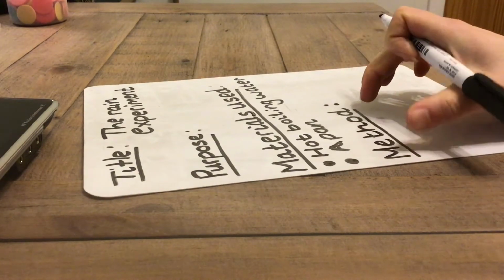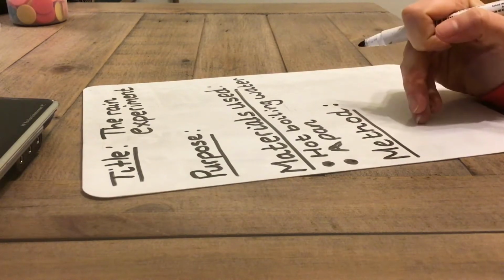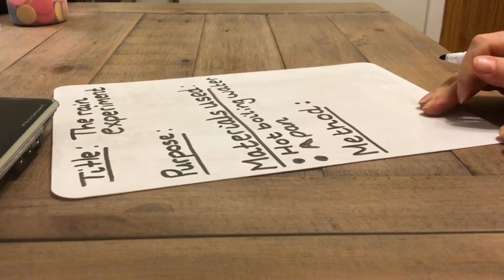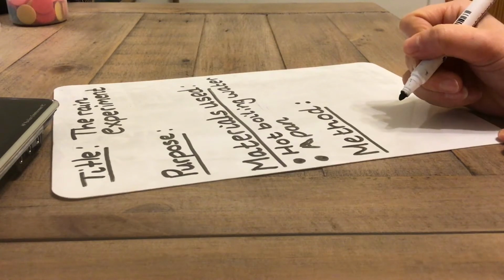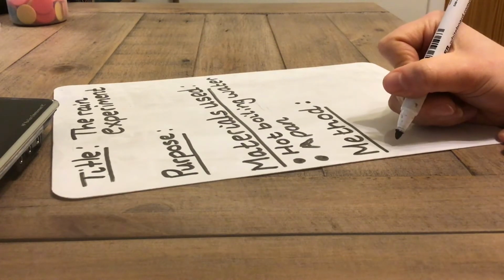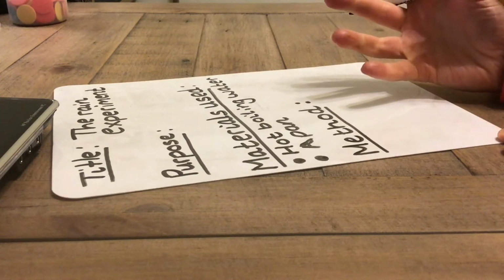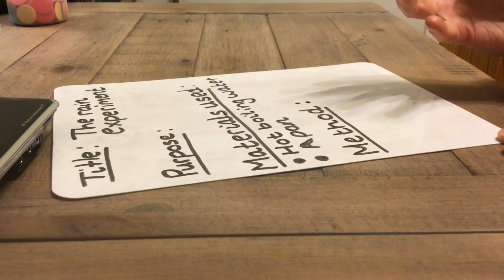So you have your title, and the colon is saying that the information is going to come after that. So the method is our next title. Now, with the method, I would be looking for you to basically write what happened. What did you do? And I'll go over that in the next part of the video.